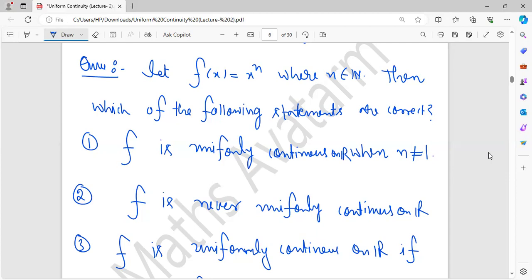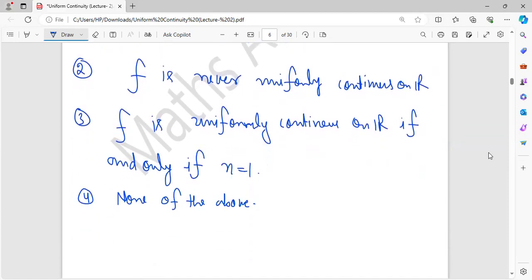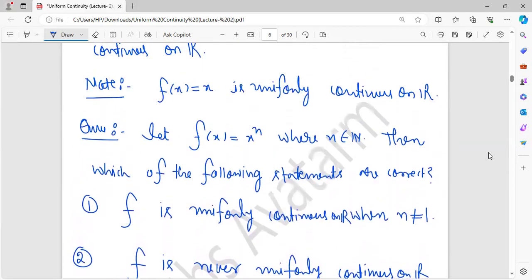So this option is not correct. Second option, f is never uniformly continuous, but when n is equal to 1, it is uniformly continuous. Okay. Third option, f is uniformly continuous on R if and only if n is equal to 1. If n is equal to 1, then f(x) is equal to x and it is uniformly continuous.